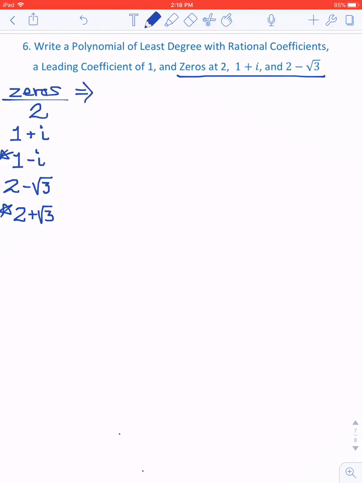What do we need to make from those zeros? So zeros become factors. Right, so write out those 5 factors.